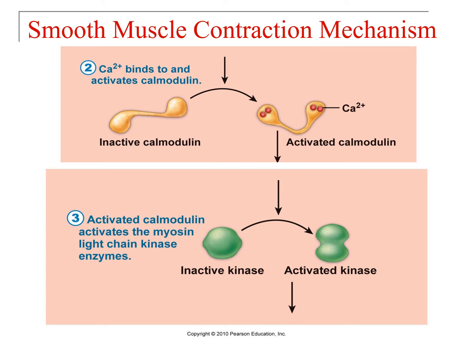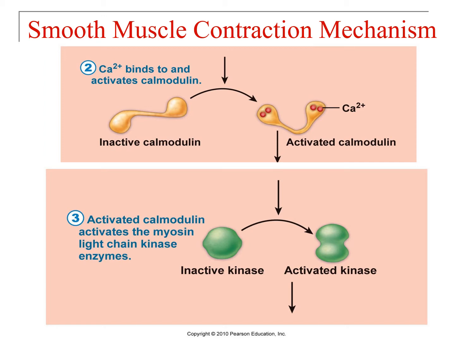Now we're going to take a look at the contraction mechanism. This is very different from skeletal or cardiac muscle. In this, you do have calcium coming into the cell, but it doesn't bind to troponin. What it binds to is a protein called calmodulin. When the calcium binds to the calmodulin, as with any other protein, it changes shape to an activated form.